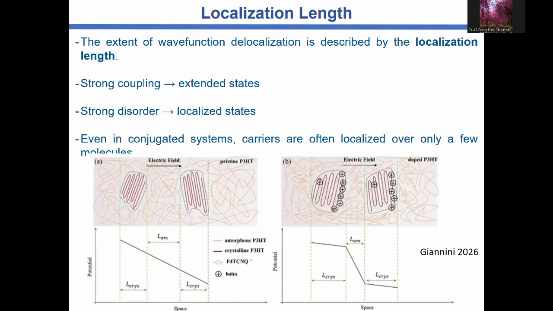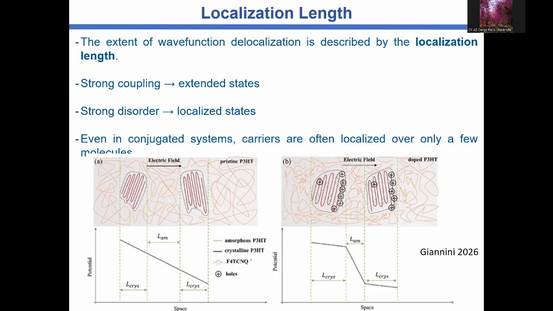So in terms of electronic properties, we need to introduce the localization length, which is the length where the carriers are localized. We have a quasi-particle created there, and it does not recombine, or it can be recombined inside of this length.